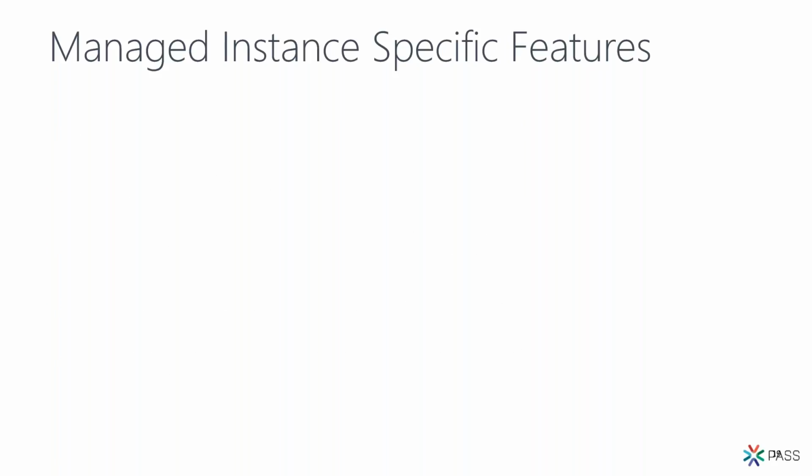Now, let's talk about some of the specific features. Remember, I mentioned that managed instance increases the compatibility a lot more with SQL Server compared to Azure SQL DB. So this is where we can cover this in detail. Managed instance is going to allow 3-part name queries. That's where I mentioned, having database A being able to do select from database B.dbo.table name.